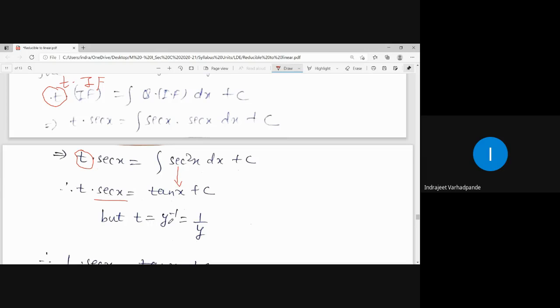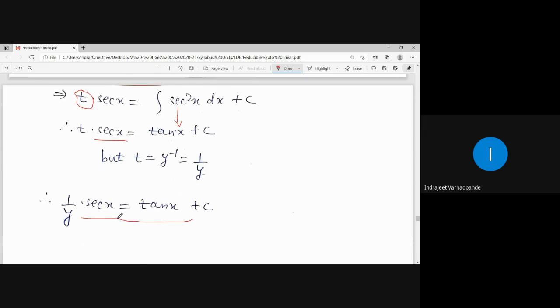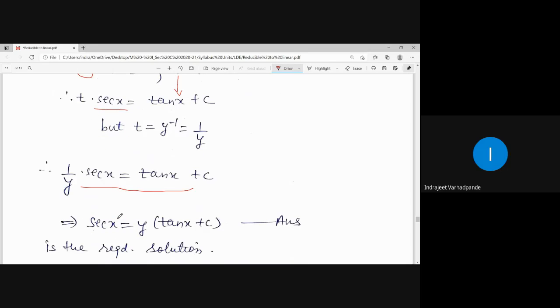So t is equal to y to the power minus 1, that is 1 upon y. So this will be your answer: 1 by y into sec x is equal to tan x plus c, or sec x is equal to y multiplied by tan x plus c.